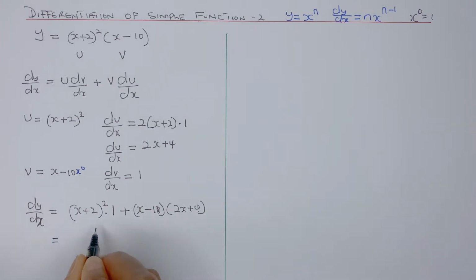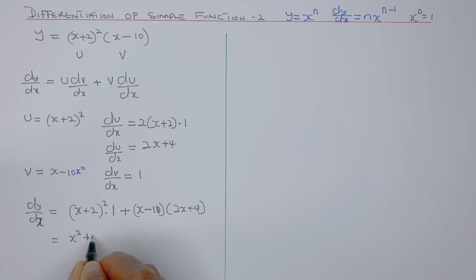Now we need to expand this. When you're expanding (x plus 2) all squared, that would be x squared plus the product. You give the product of that, 2 times x, and you multiply it by 2. Double the products.